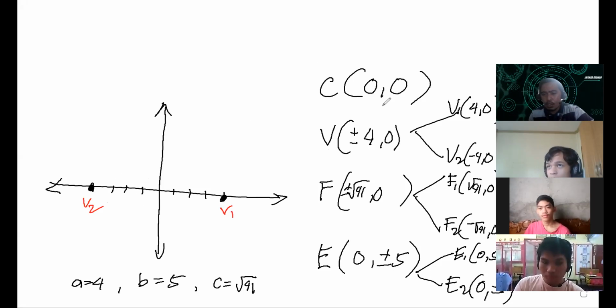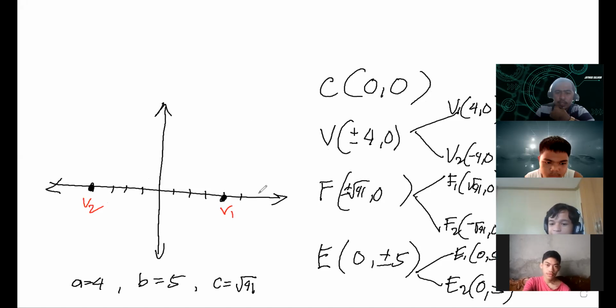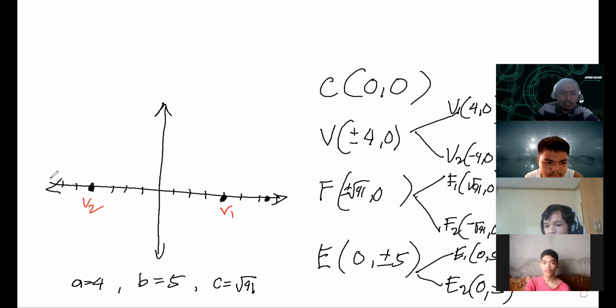Next, your foci: we have here (square root of 41, 0). What is square root of 41? It is between 6 and 7, but closer to 6, since it is 6.4. So 5, 6, 7, somewhere here.